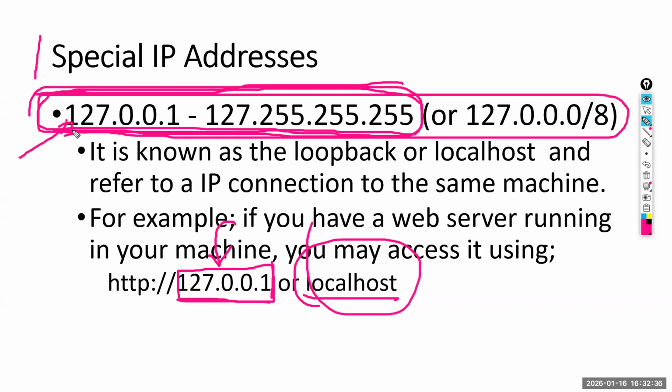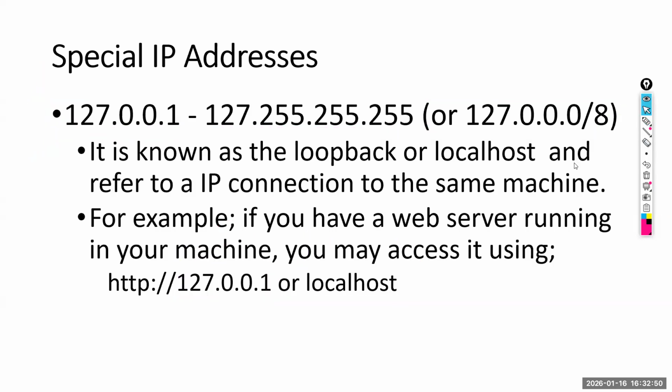Or anything in this range, like 127.0.0.255, anything in this range, but mostly it is this IP address. So that is a very special case, an IP address used to refer to the same machine itself, not one address, any of these addresses.